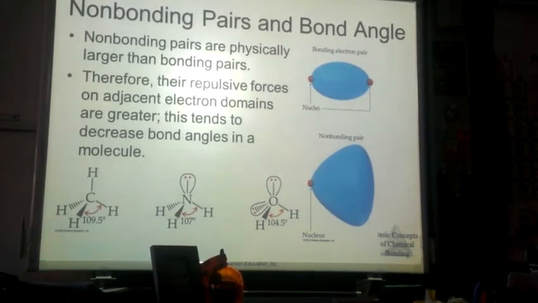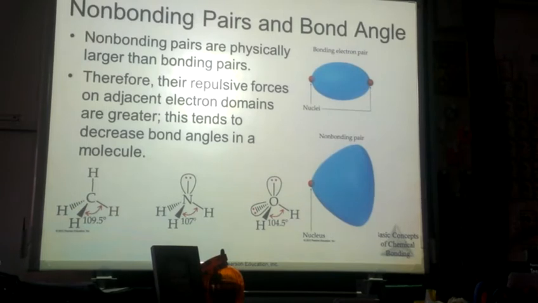I want to show that because this non-bonding pair is physically larger than a bonding electron pair, it's going to minimize the bond angle between the atoms that I have bonded, because it is so much more massive in space. So it's kind of pushing either of those sides down, okay?